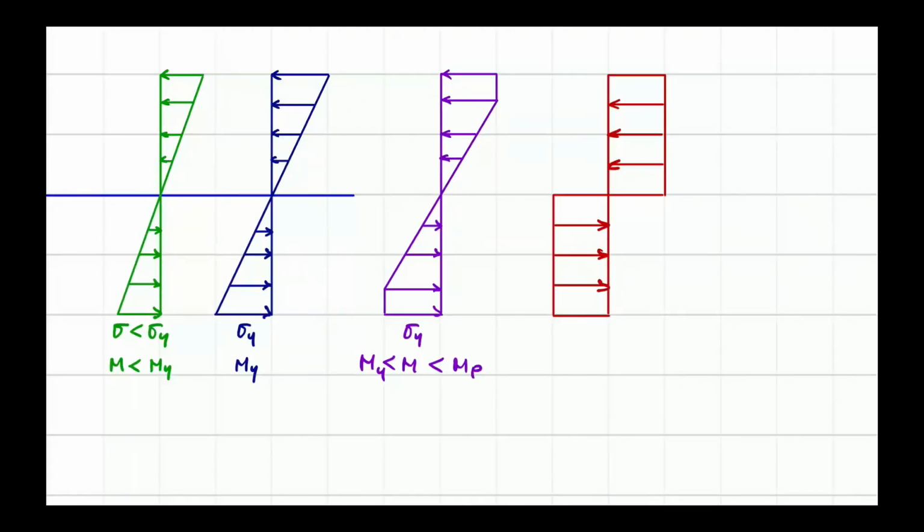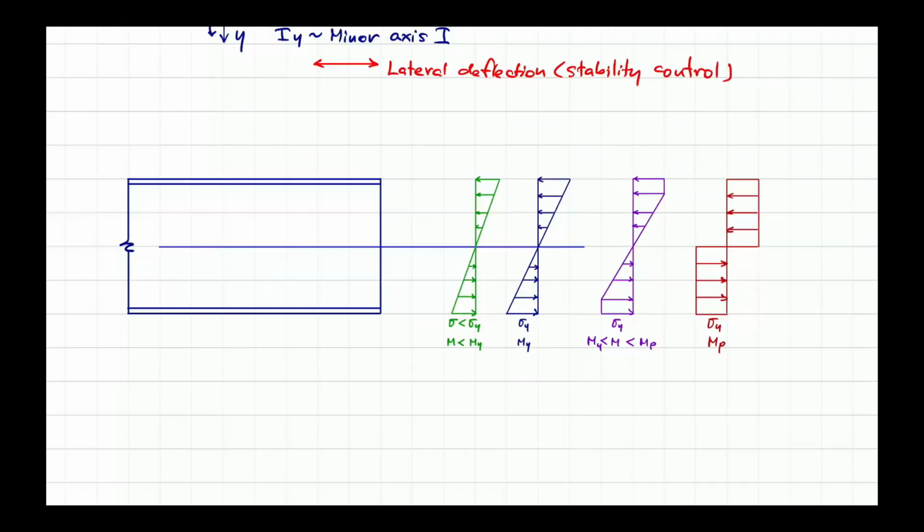We can draw the moment curvature response, and well, you will see. Sigma y, right now it is the Mp. Plastic moment means you have the entire cross section yielding.